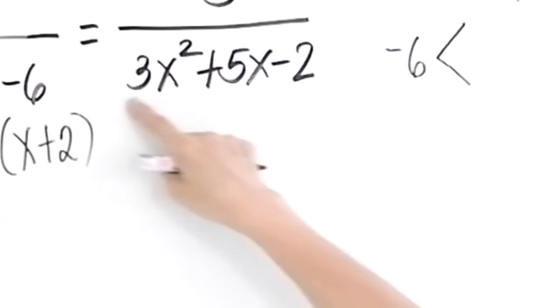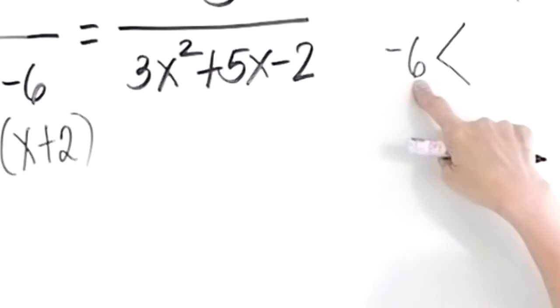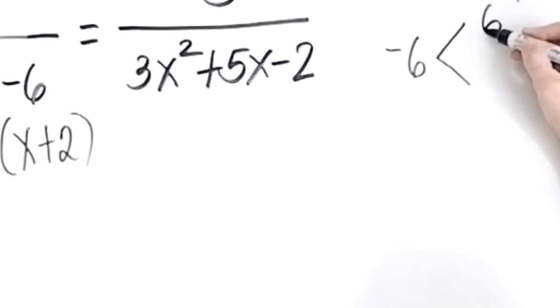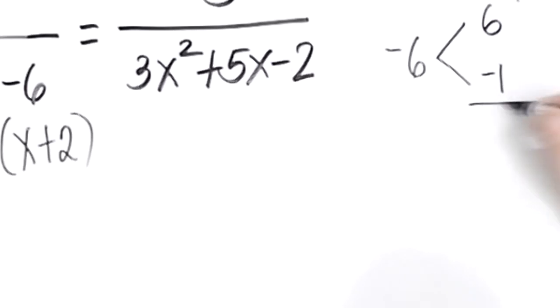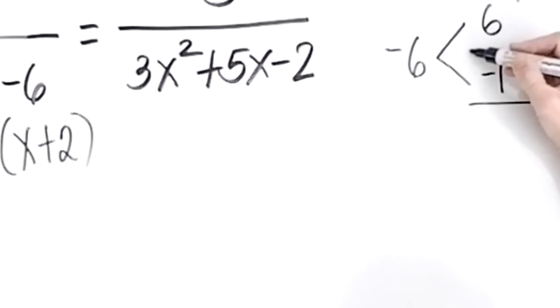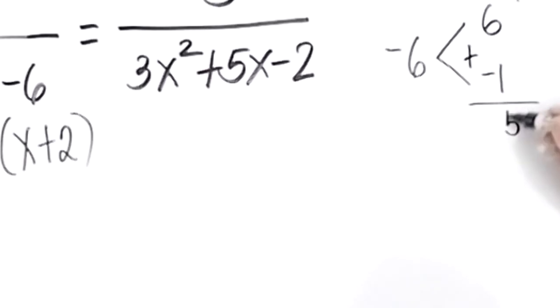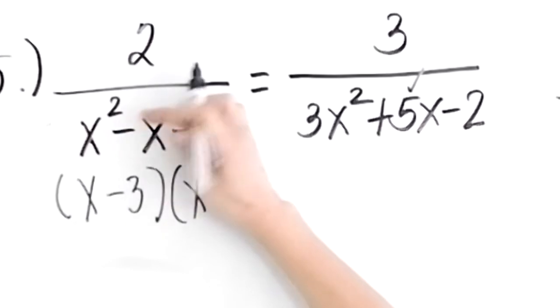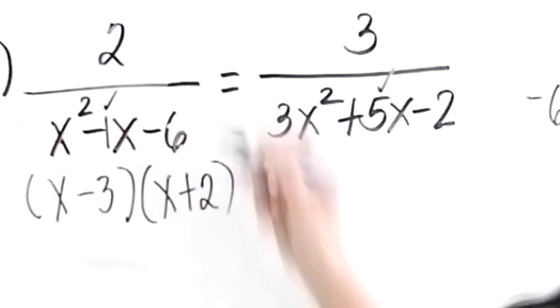Factors of negative 6 which when added will give us a 5. So we have positive 6 times negative 1. Repeat, positive 6 times negative 1 is negative 6. Positive 6 plus negative 1 is positive 5, the middle term. Okay, this negative 1 is the middle term here. You can write this as negative 1x there.